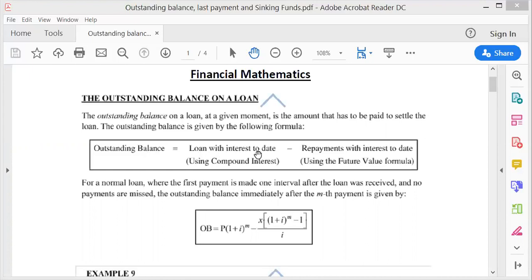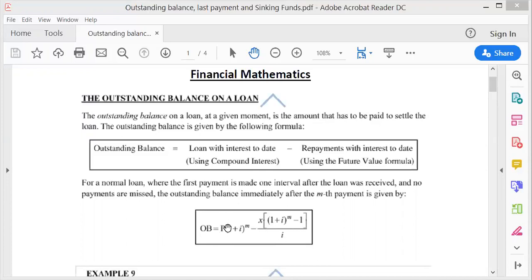So it is the loan with interest to date minus repayments with interest to date. So loan with interest to date is normally the compound interest formula. There you are, P times (1 + i) to the power n. And then repayments will be the future value formula. Okay, guys.